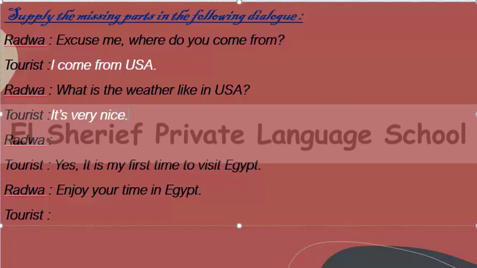Number 3, it's a question and the answer, yes, it's my first time to Egypt. So this answer started with yes, so it's a yes or no question, started with a helping verb. So I will say, is this your first time to visit Egypt? And question mark.